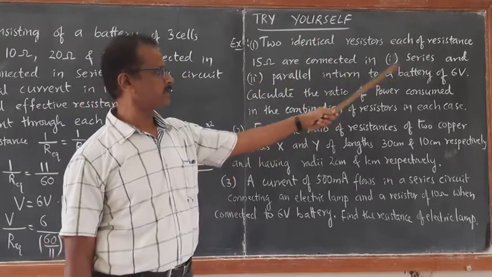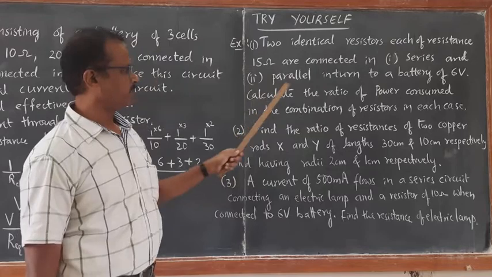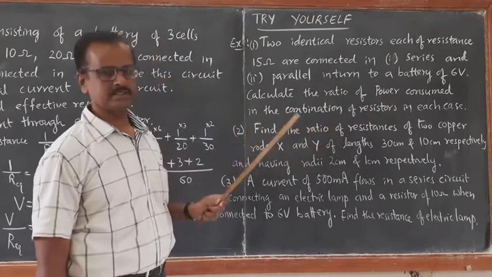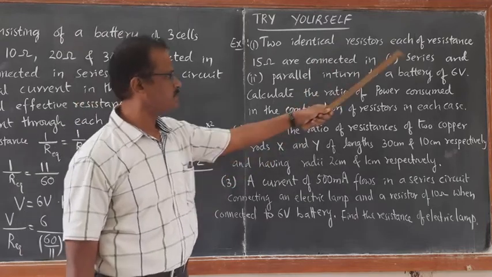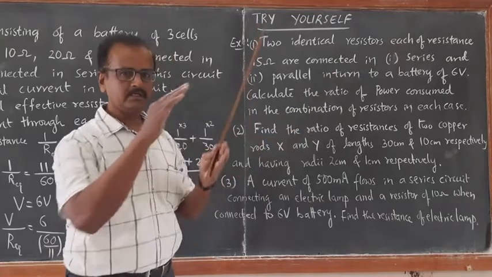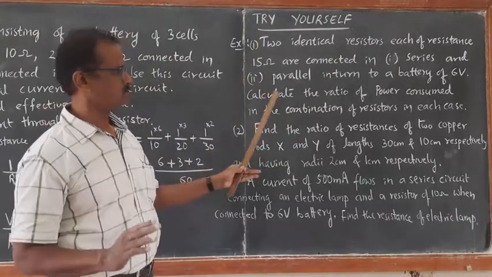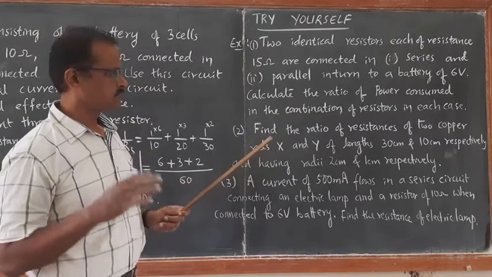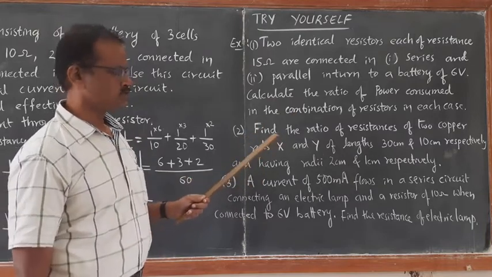They are connected to a 6 volt battery. Calculate the ratio of power consumed in the combination of resistors in each case. What is the power consumed in series combination? What is the power consumed in parallel combination? Then take the ratio. Just draw a simple schematic diagram and you will get the result. Proper procedure should be followed.